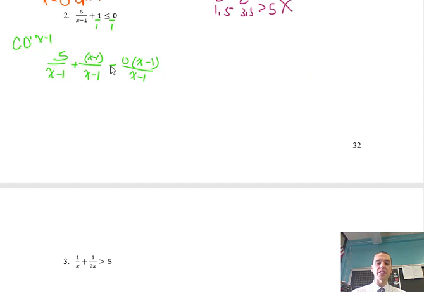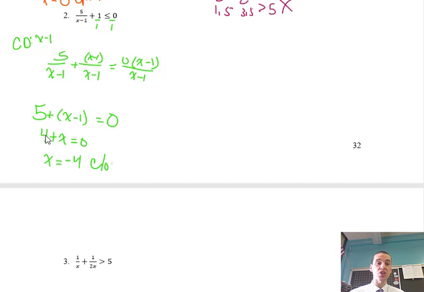Now that the denominators are the same, we can set the numerators together, and 0 times anything is 0. So 5 plus x minus 1 equals 0. We'll get 4 plus x to equal 0, and x equals negative 4.